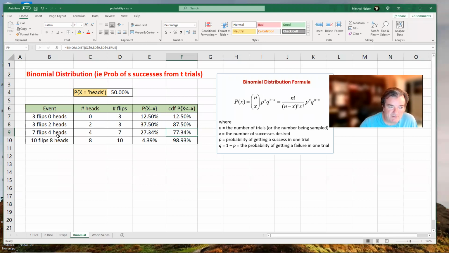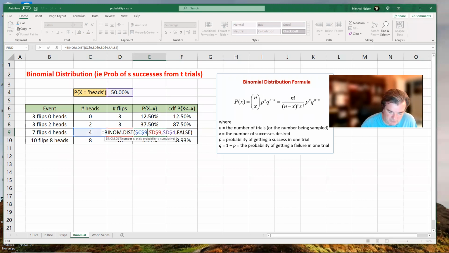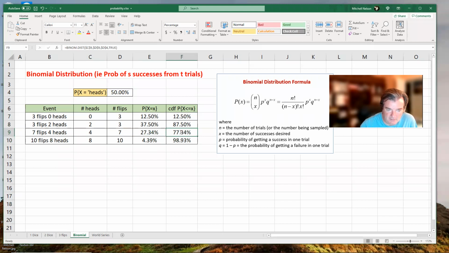So if you flip the coin 7 times, what's the chance of getting 4 heads? I put a 4 here, a 7 here, so I could start cranking out my formulas. And I get the probability function with a false, and then I get the cumulative distribution by putting in a true.